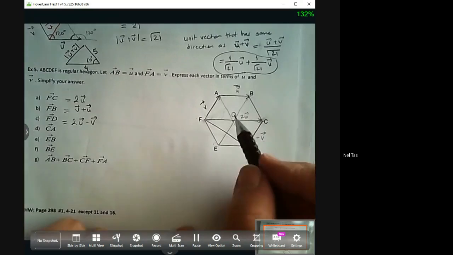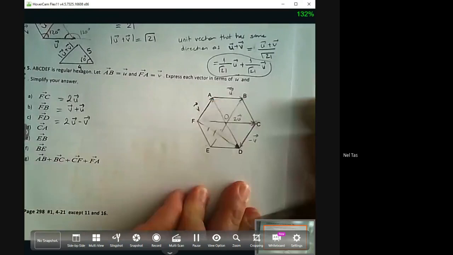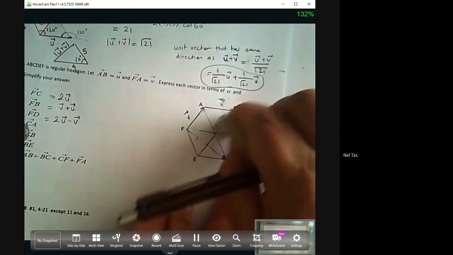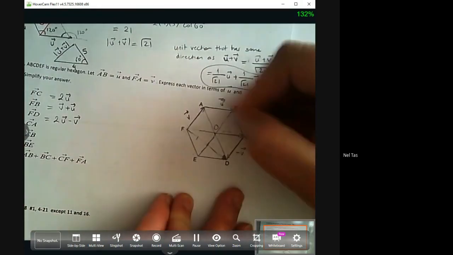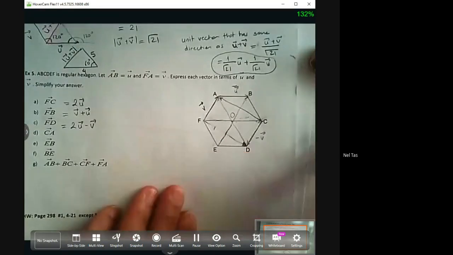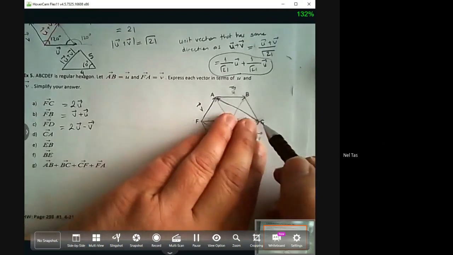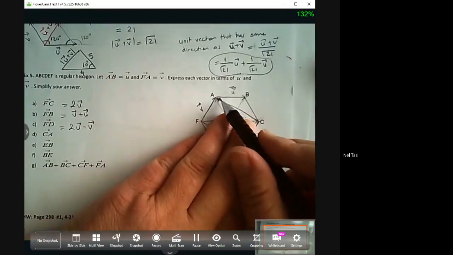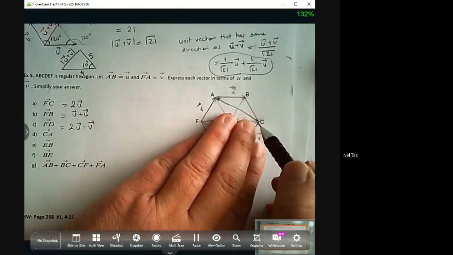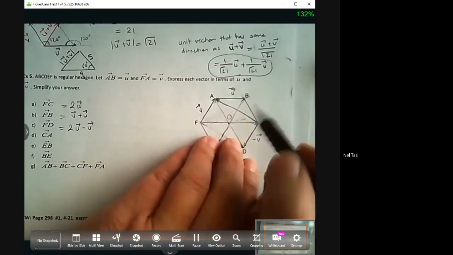Now CA. So can we go from C to B, B to A, CB plus BA? I could, but I don't know what CB is. So I cannot follow that route.